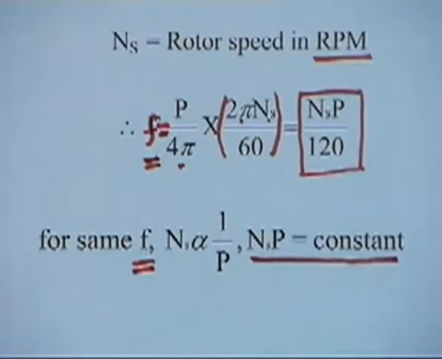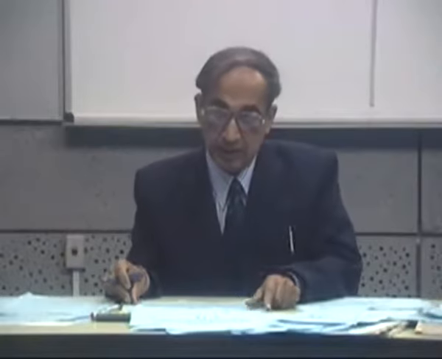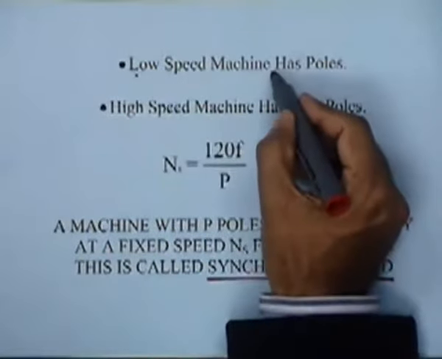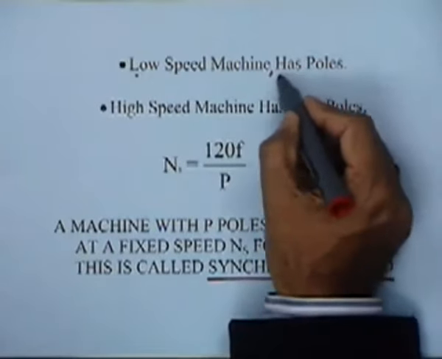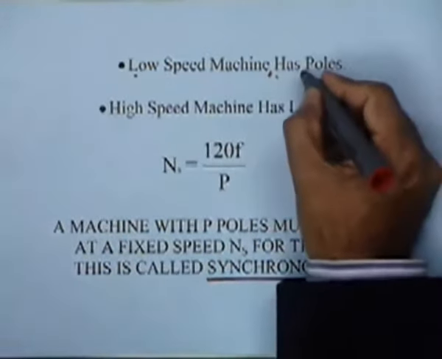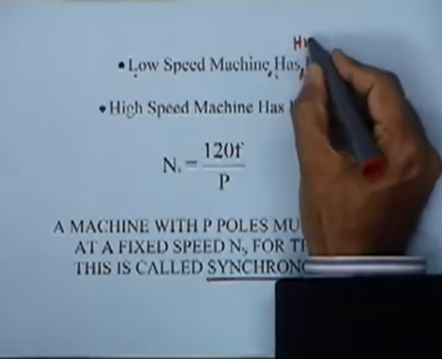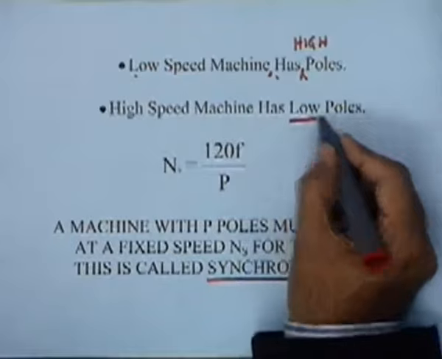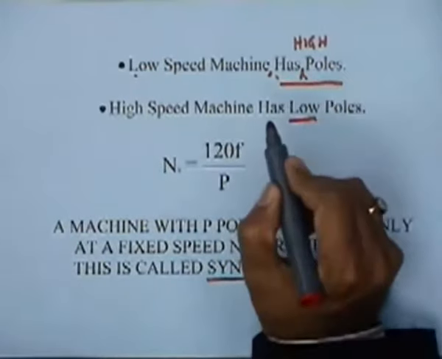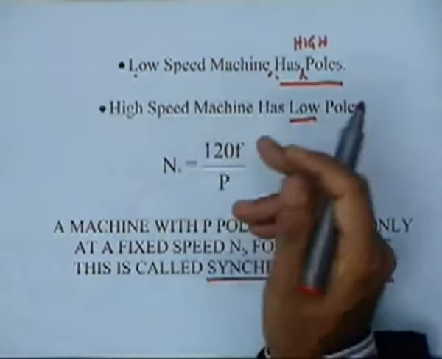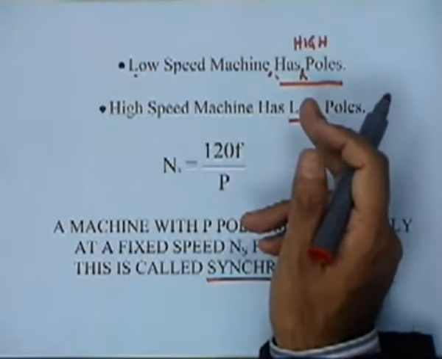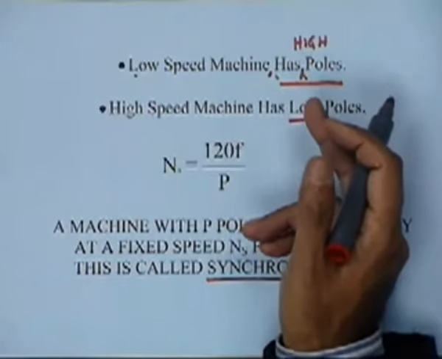So we come up with a very interesting and useful piece of information: a low speed machine has high poles, and a high speed machine has low poles. That means when the turbine or the prime mover is of low speed, you must have a large number of poles. That's what you find in hydro turbines.